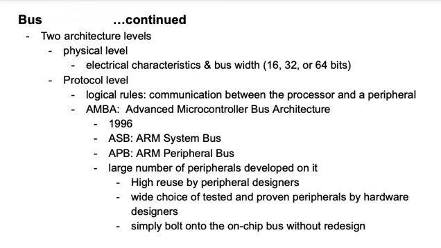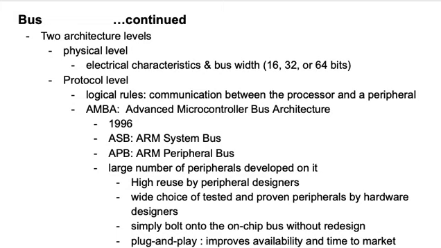The hardware designers have a wide choice of peripherals as they are tested and already proven, and these can be simply bolted onto the chip bus without any redesign needed. Because of such plug and play, the time to market is highly improved.